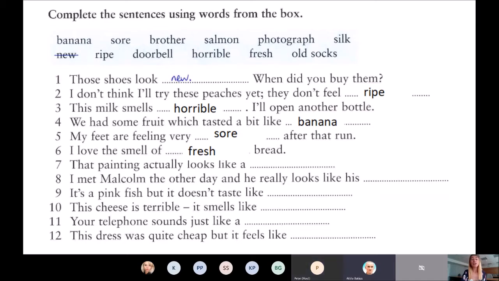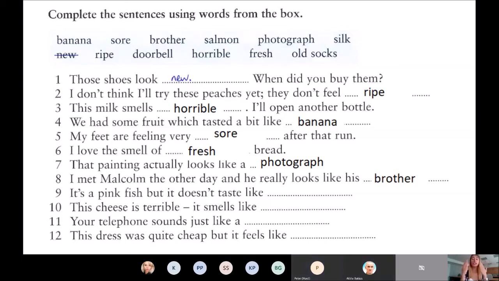That painting actually looks like a photograph. Number 8. I met Malcolm the other day and he really looks like his brother. He looks like his brother.